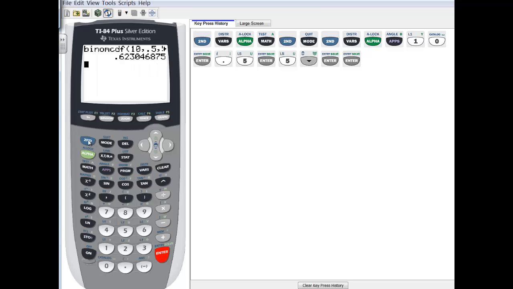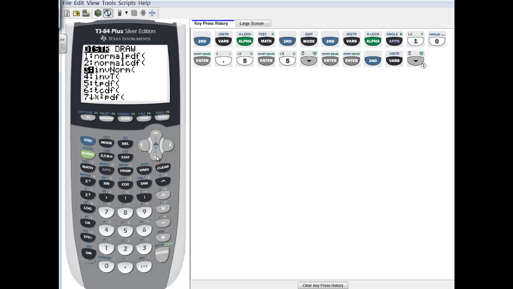So we're going to press second, distribution, and again you want to page down until you see binomCDF. Here's our binomCDF. For me it's going to be alpha B if I want to go directly to it. It could be something different for you. So then I'm going to press enter.